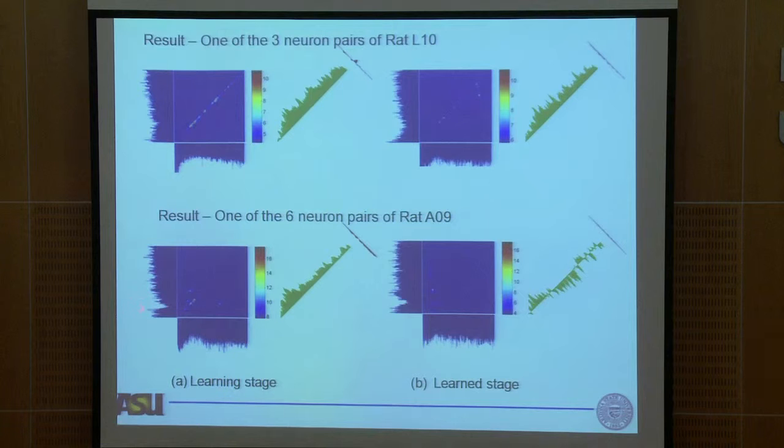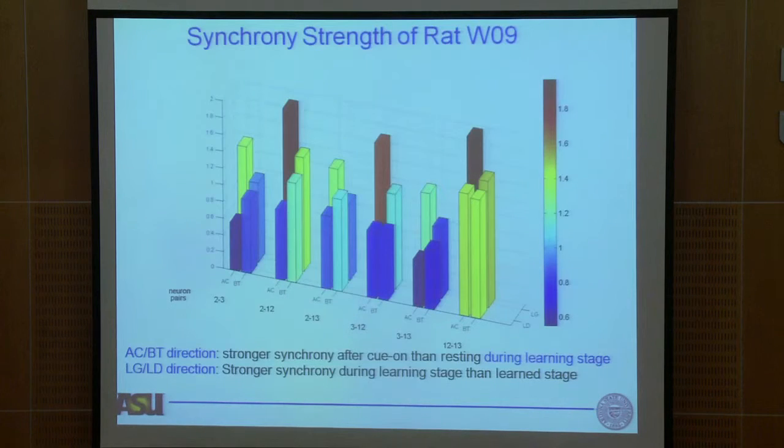So this one shows before learning, after learning. This is during learning, this is after learning. So this shows during learning, there's more timing correlation, they're more aligned than after learning. So this figure basically summarizes what I just said.